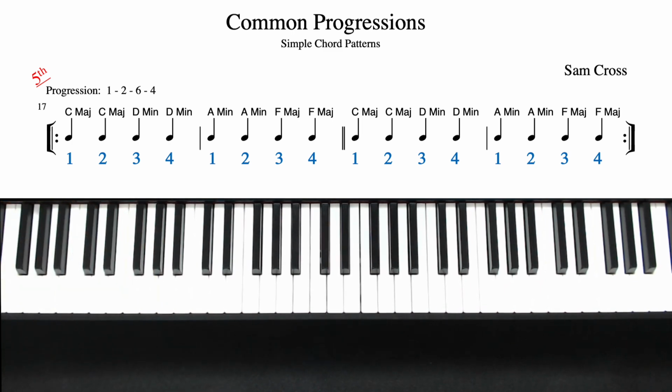So our next one, our sixth one, is a 1, 5, 6, 4 chord progression. So the 1 is C major, the 5 is G major, the 6 is A minor, and the 4 is F major.